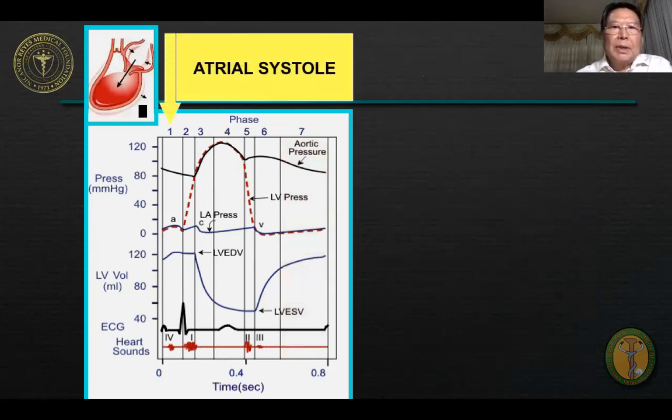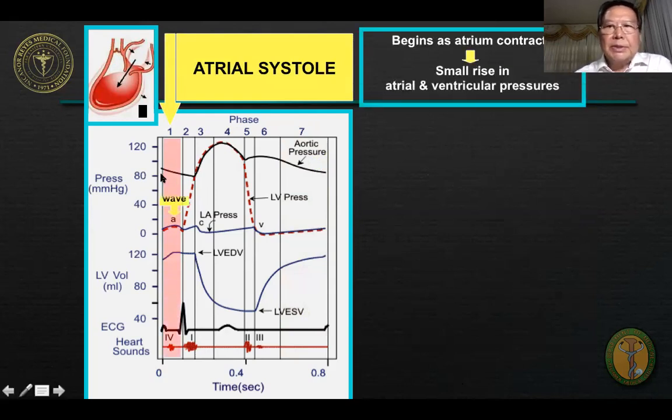So during atrial systole, over here in the shaded portion again, what happens is the left atrium and the right atrium begin to contract, and there is a small rise in the atrial and ventricular pressure, right?